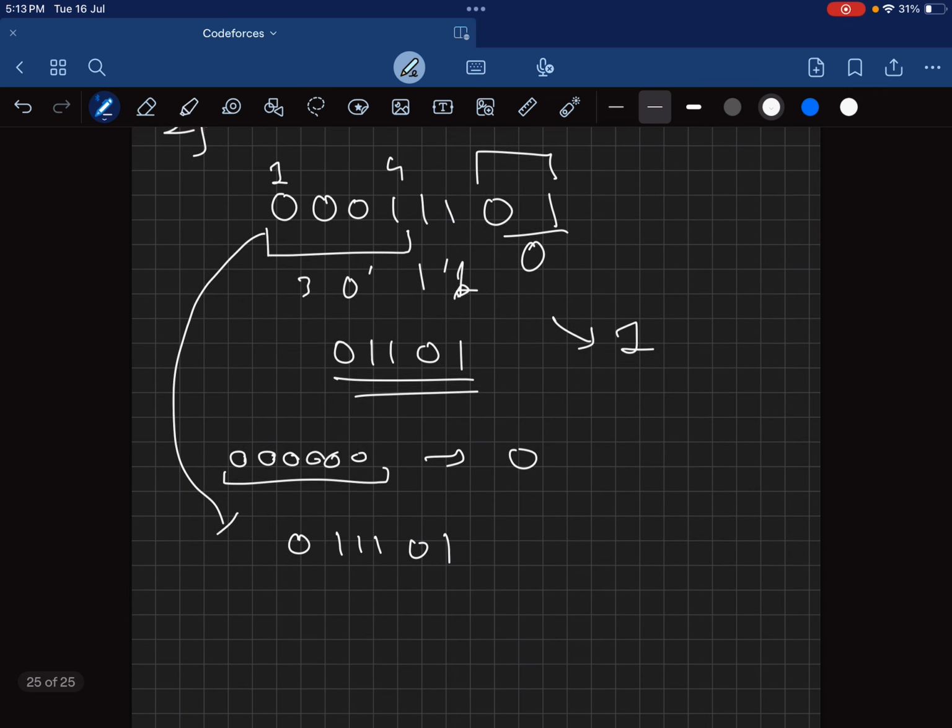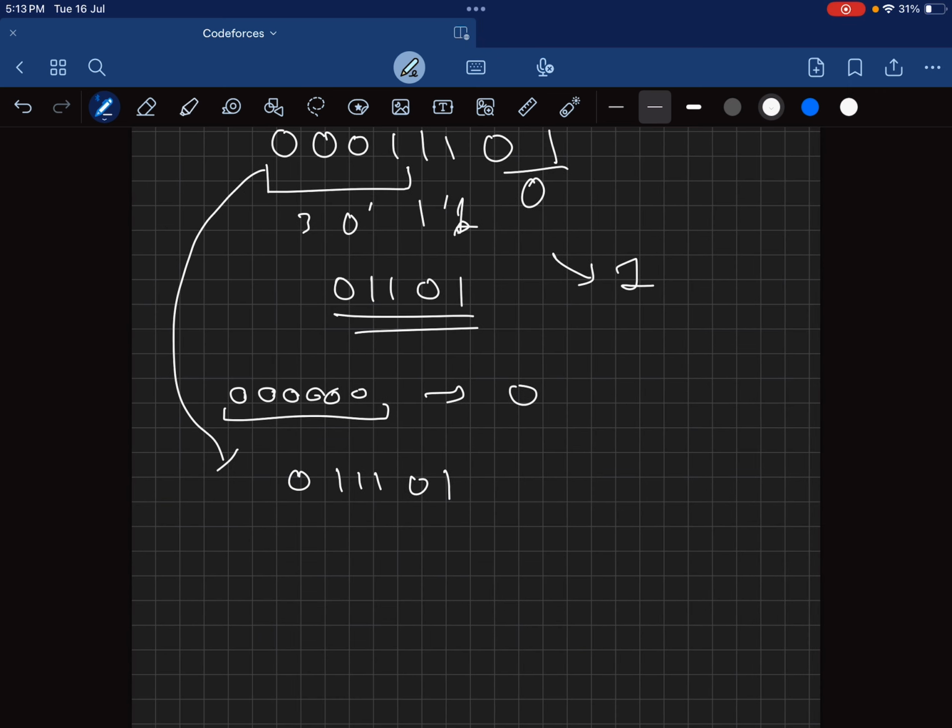And now if we want to remove any zeros, in order to remove a 0 we'll need 2 ones. So we can take any substring in the new string of the form 0 1 1, or 1 1 0, or 1 0 1, and apply our operation on it.